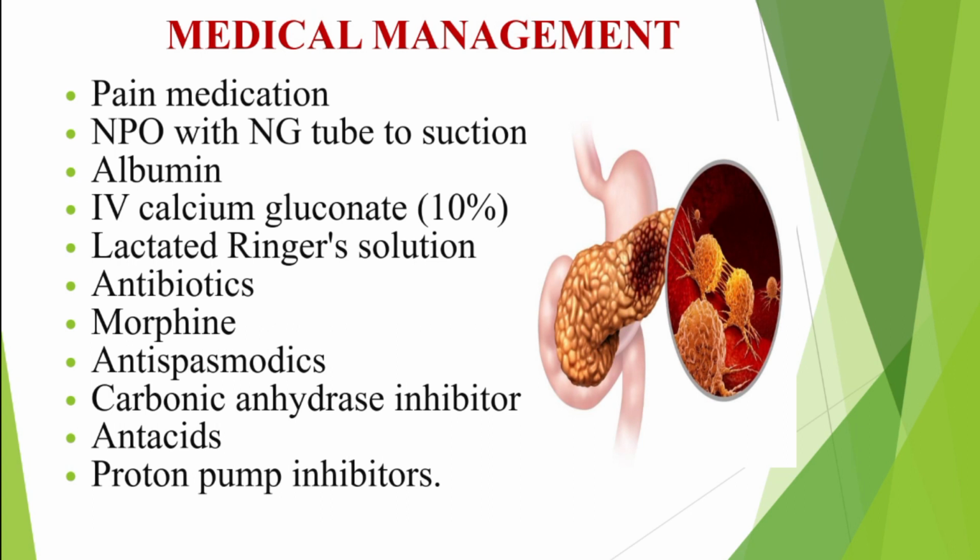Other than that, we can administer a carbonic anhydrase inhibitor, which helps to release all the pancreatic enzymes and juices, as it acts as a diuretic. And we can give antacids and proton pump inhibitors to balance the extra gastric acids; they neutralize the gastric acids and inhibit further production of gastric acid.